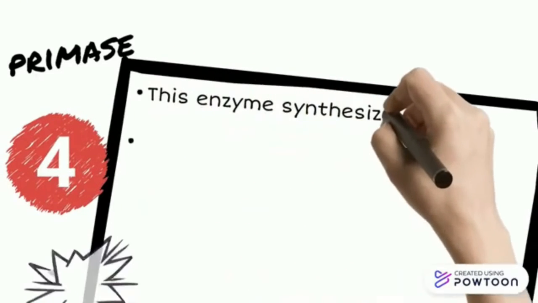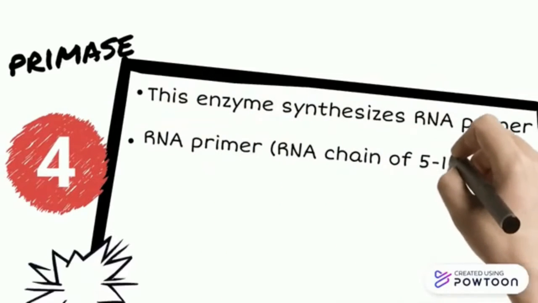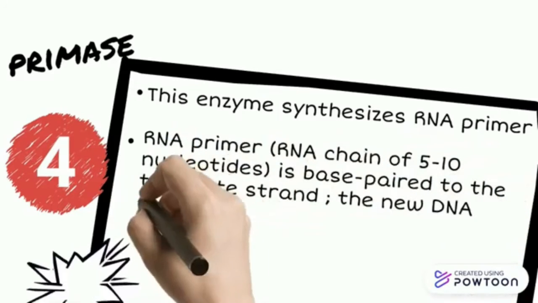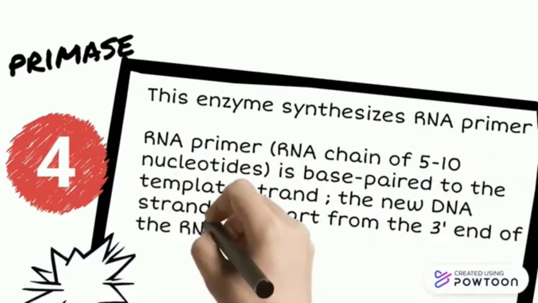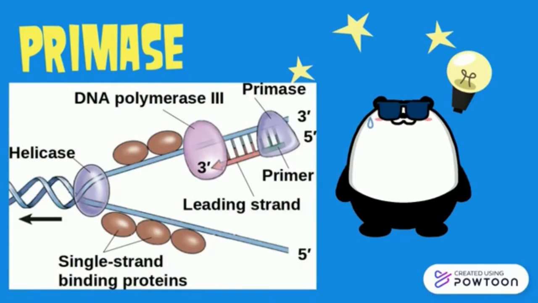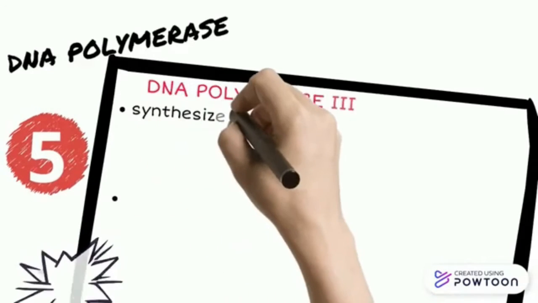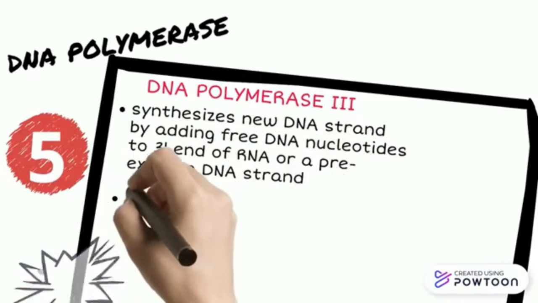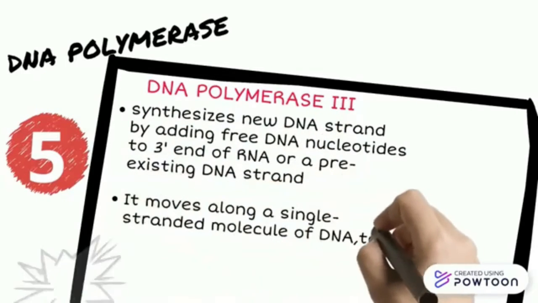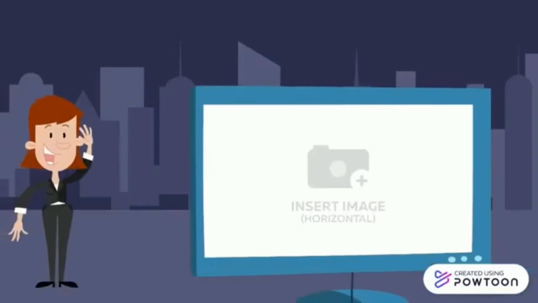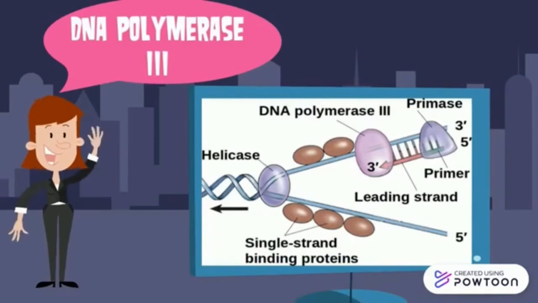Fourth is primase. This is the structure of primase. Next is DNA polymerase 3. This is the structure of DNA polymerase 3.